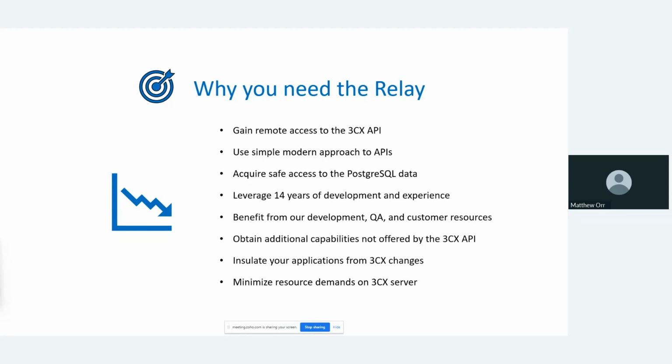And of course, because SQL Server and IIS and all of our applications and all of your applications are on a separate server, really the only visibility that 3CX has is the relay. So remove the relay, let them do their thing, put the relay back in.